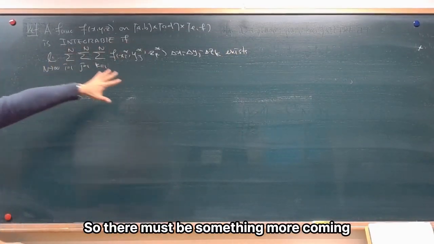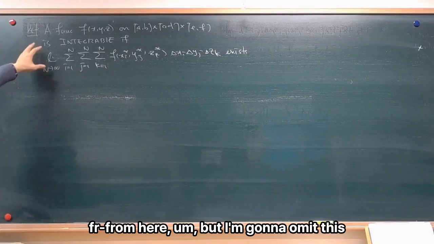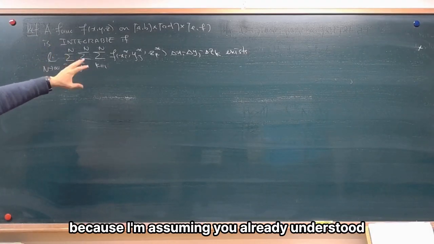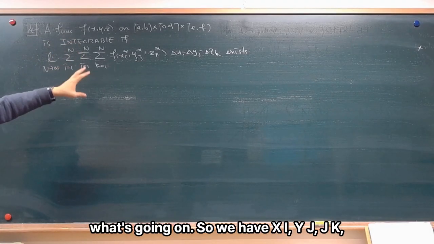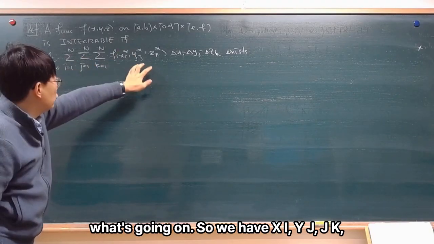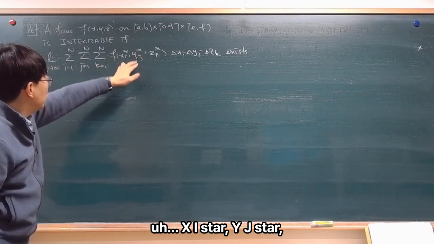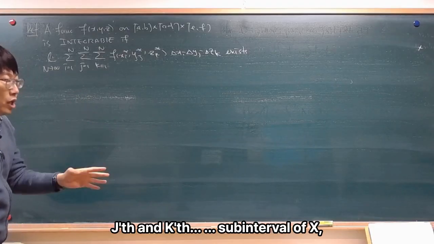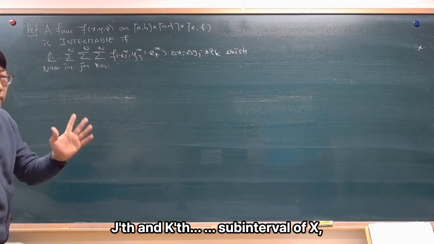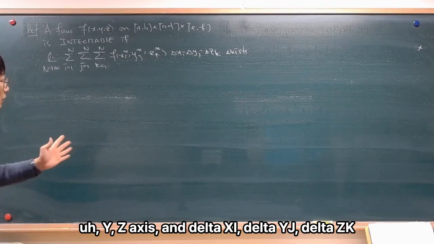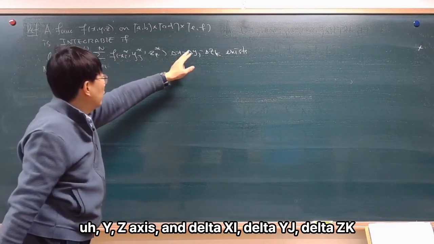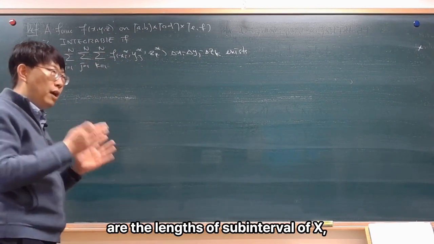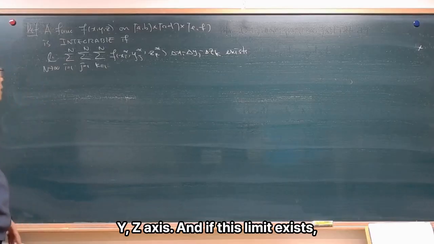There must be something more coming from here, but I'm going to omit this because I'm assuming you already understood what's going on. So xi star, yj star, zk star all lie in the ith, jth, and kth subinterval of the x, y, z axis, and delta xi, delta yj, delta zk are the lengths of the subintervals of the x, y, z axis.